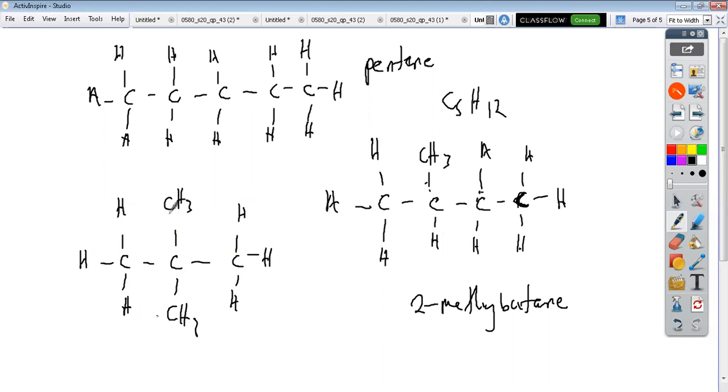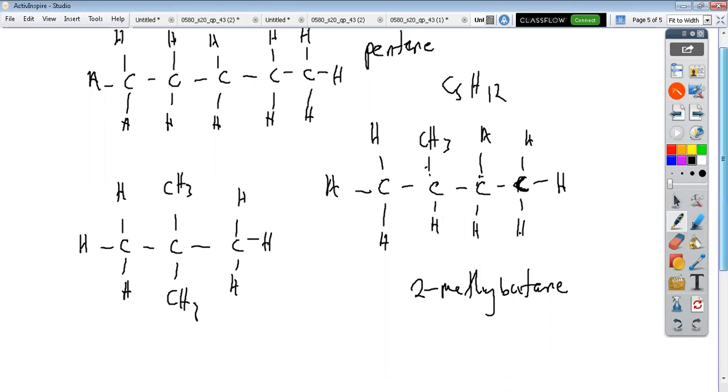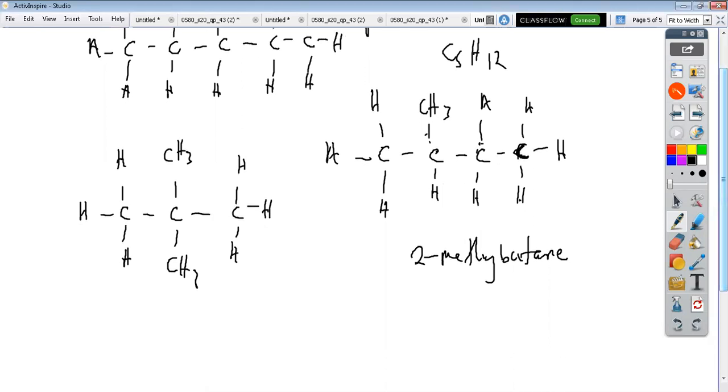Now, what's the name of this? Let's see who can get it correct. Who can get it correct? What's the name? Who can try? Tapio, what will be the correct name there?